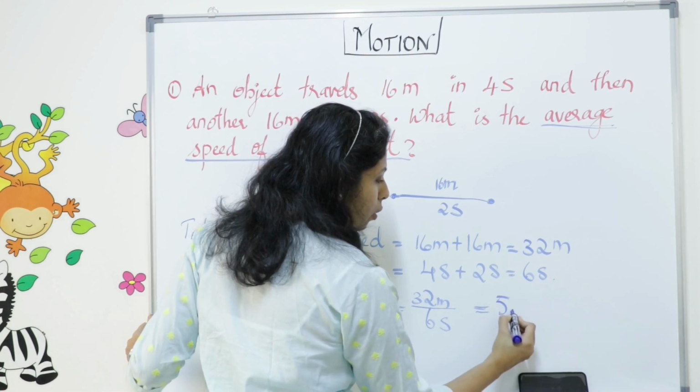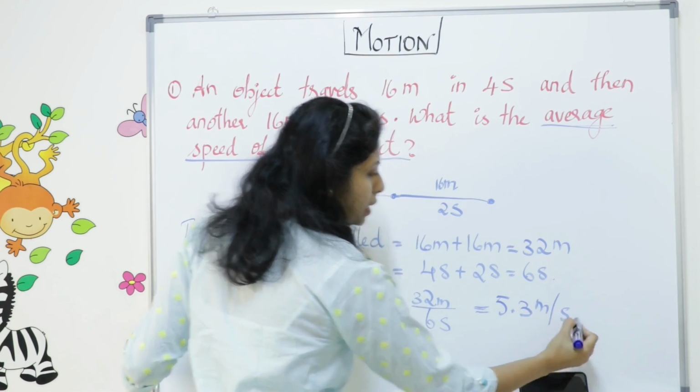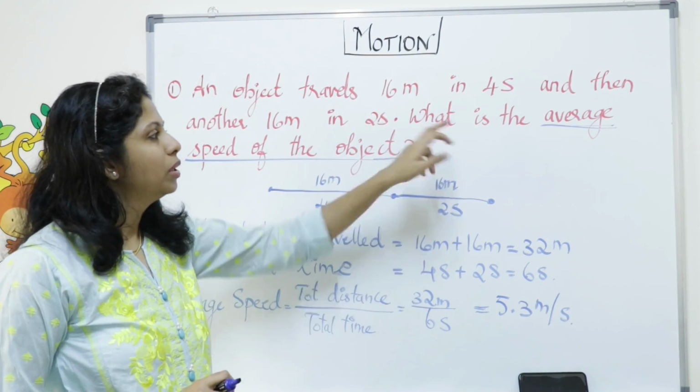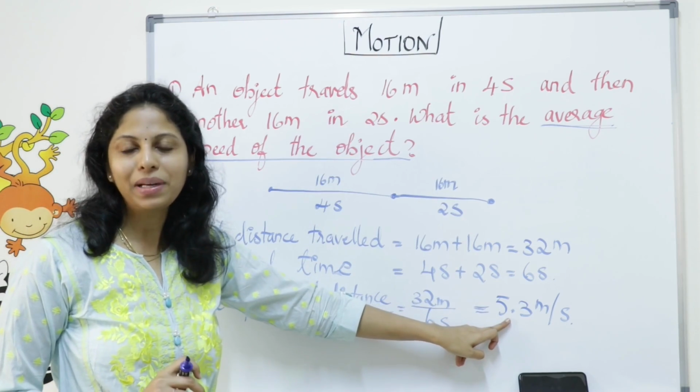That is nothing but 5.3 meters per second. So the average speed of the object is 5.3 meters per second.